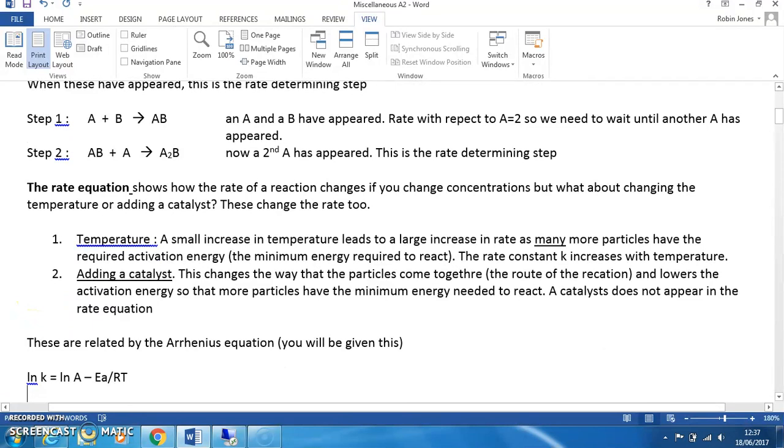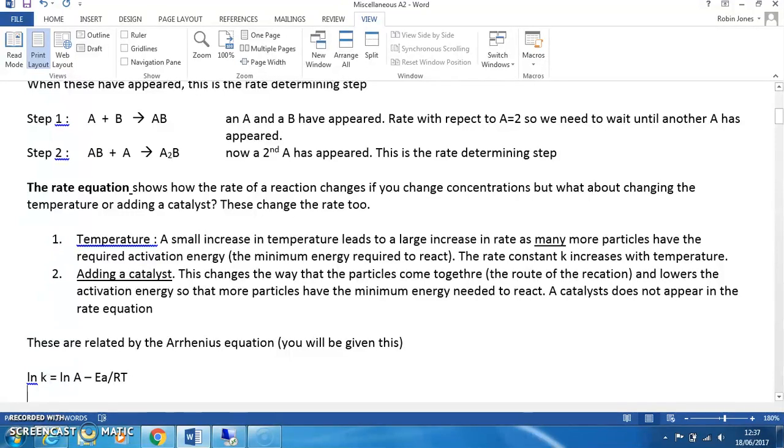A small increase in temperature leads to a huge increase in rate because many more particles have the required activation energy. So you raise the temperature by a small amount, that increases the number of particles with the activation energy, and therefore the rate constant and the rate of reaction go up, much more so than, say for example, a change in the concentration.